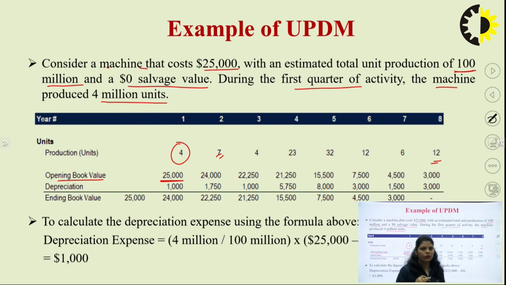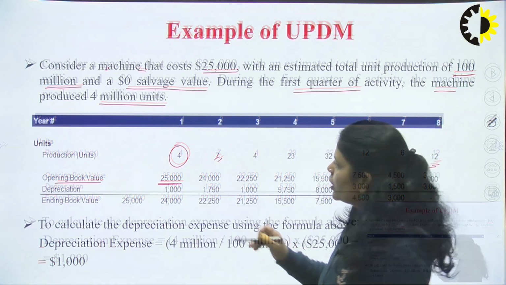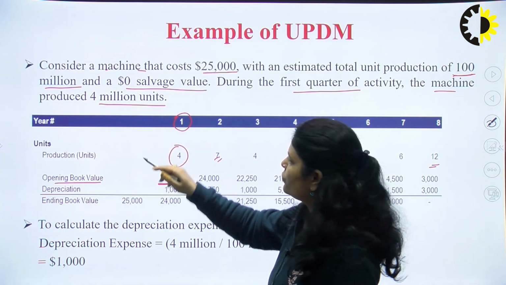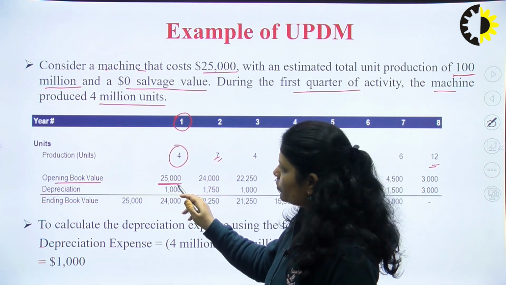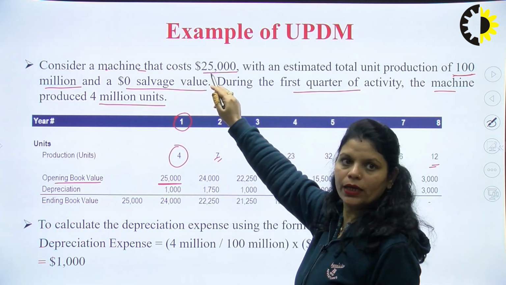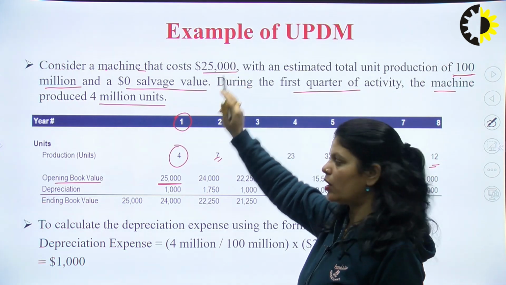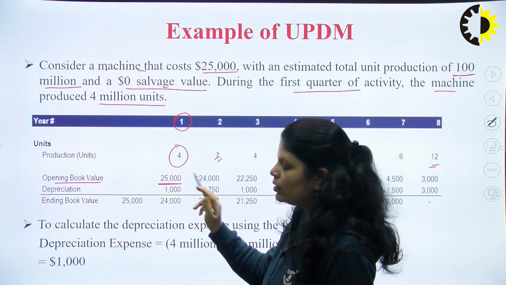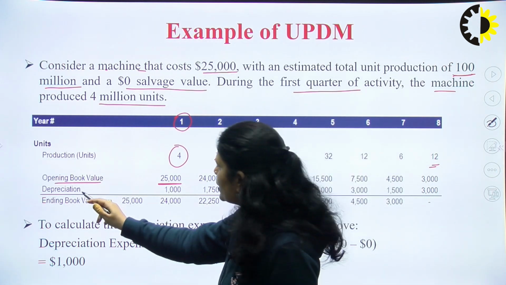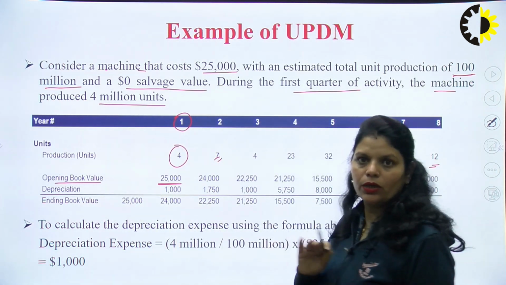Okay. So, how will we calculate the depreciation here? At the beginning of the first year, we will have the opening book value as the cost of the machine, which is 25,000. So, we have written 25,000 here. Now, we will calculate the depreciation for this particular year.